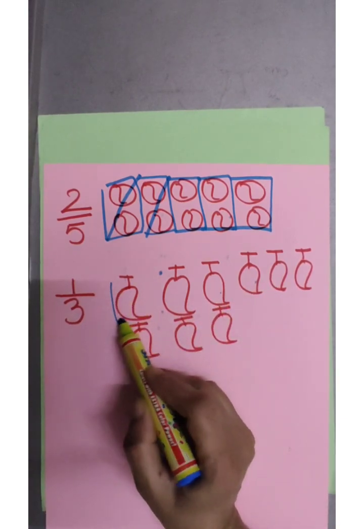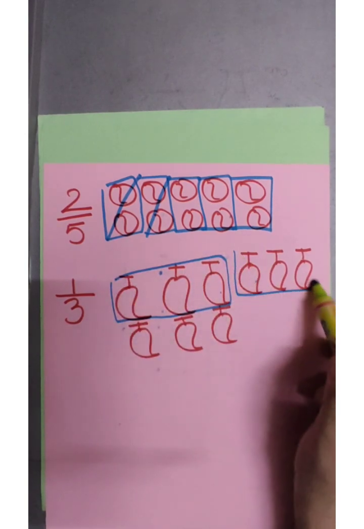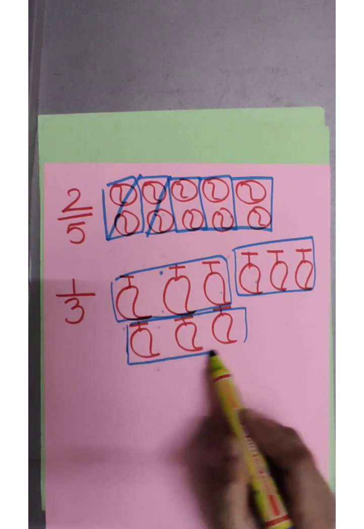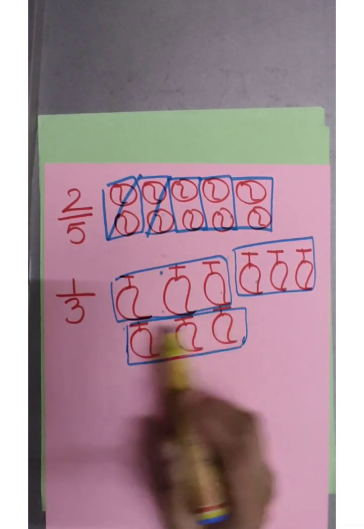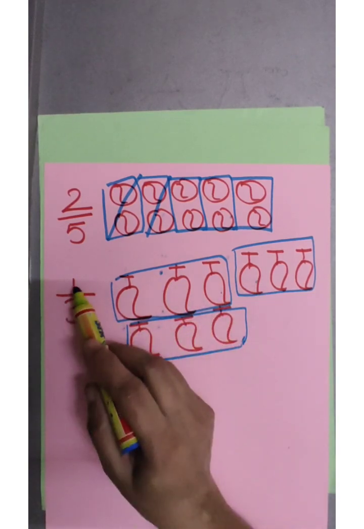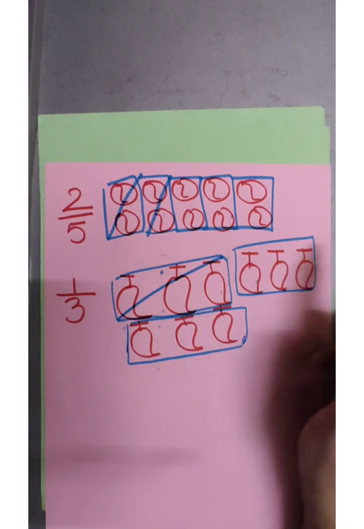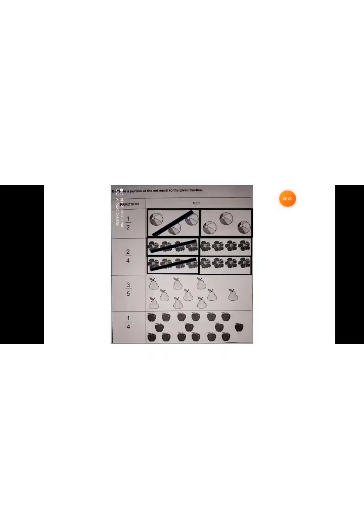So let us make a set of 3. 1, 2 and 3. So here we got an equal part, a set of 3. Now out of this set of 3, we have to take only one part. So we have taken away one part.